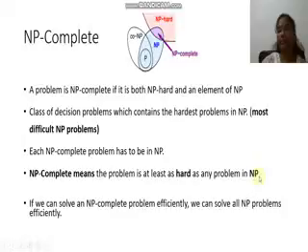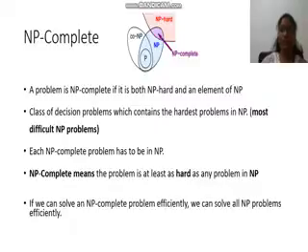In NP complete, the problem should be present in NP, and among the NP problems, the hardest problems are called NP complete. It is a class of decision problems which contains the hardest problems in NP, the most difficult NP problems, and definitely it has to be under the category of NP problems.